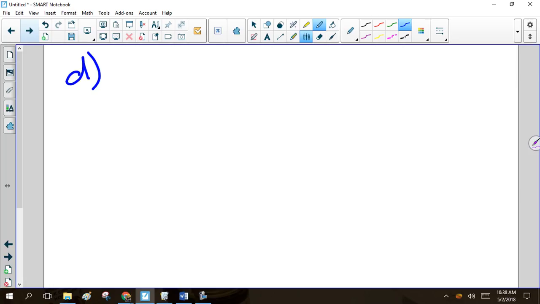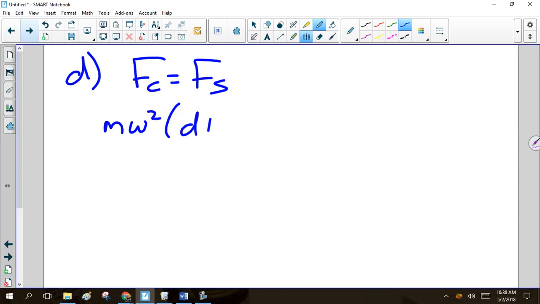So I think this is just another centripetal force equals the force of the spring problem, right? So my centripetal force is m omega squared times my radius, which is d plus x. Convince yourself of that. Is everybody cool with why it's d plus x?